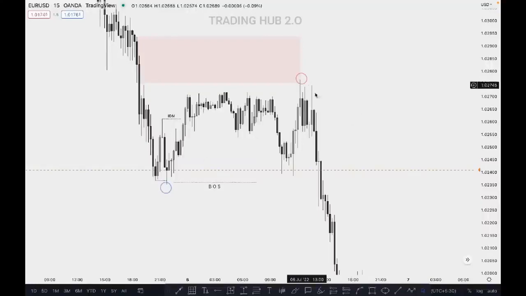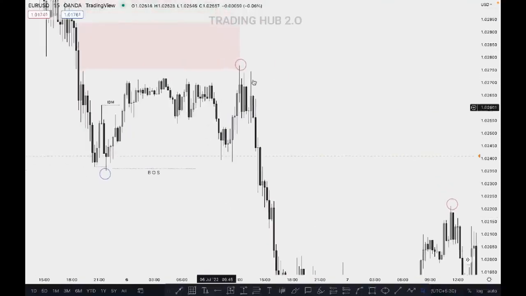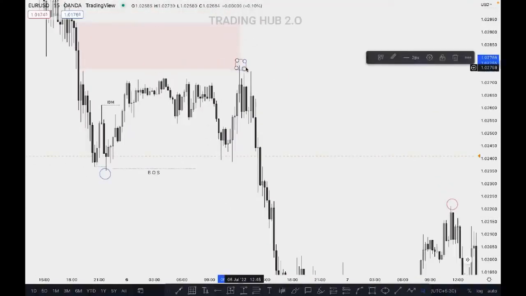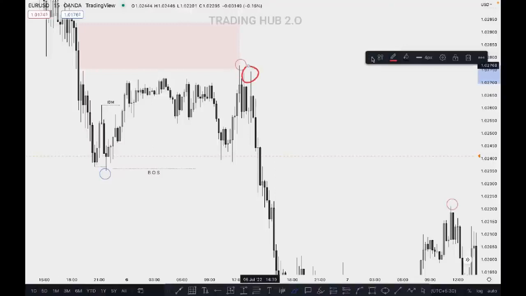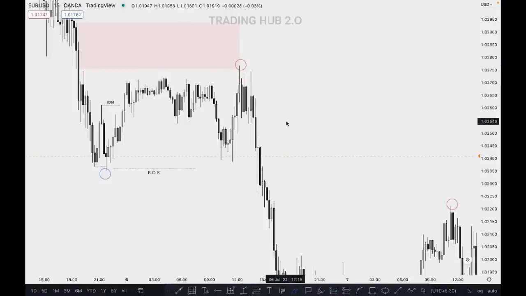This is our major structure. When the market taps on this level, we can switch at this point. This red circle is here, we can switch to M1, and then we can sell.